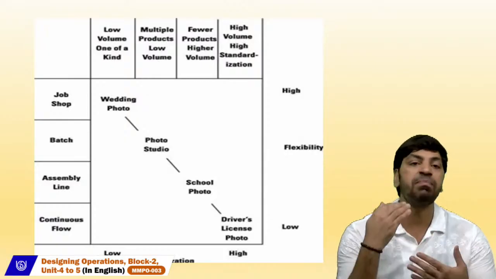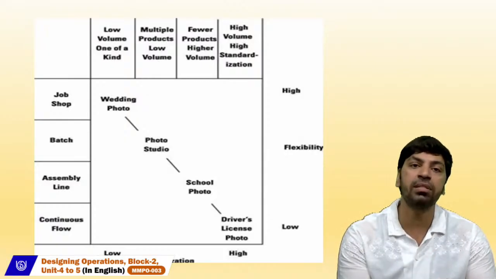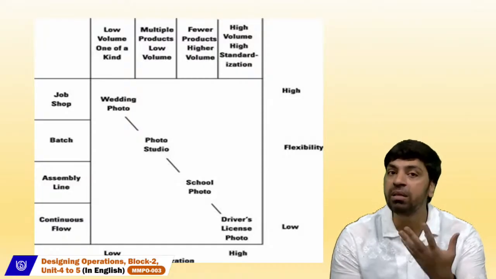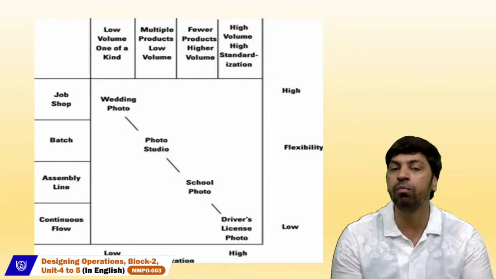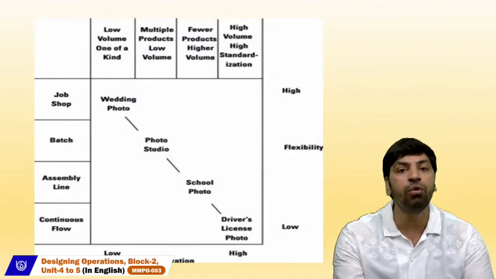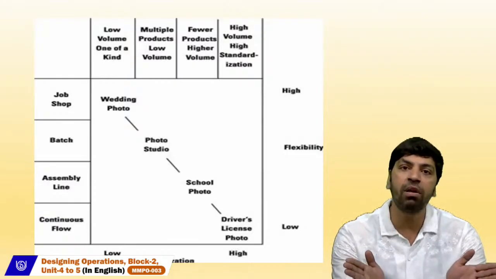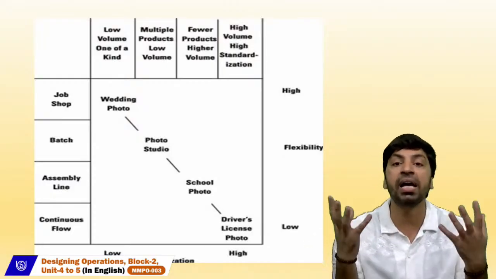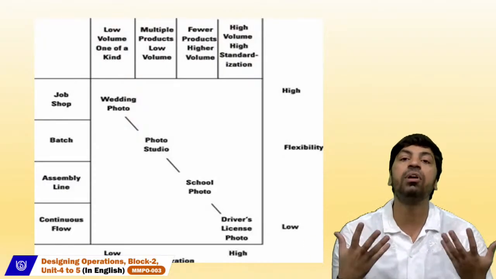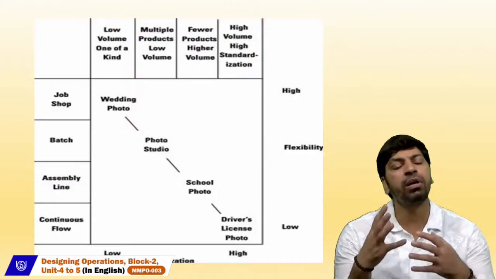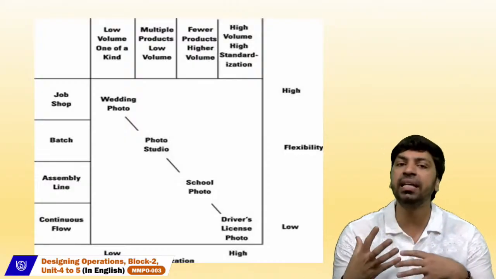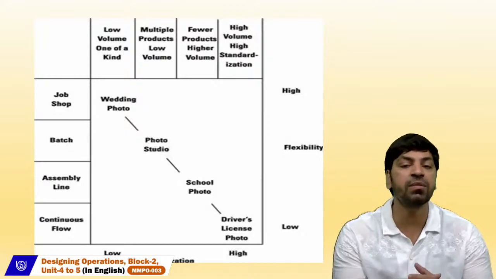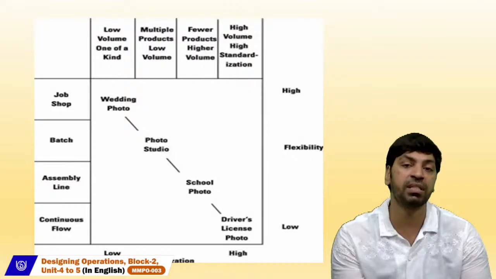It totally depends upon the type of process, whether it is one-time use, multiple products with low volume, a few products with moderate volume, or one standardized product with high volume, that is, high production volume. Then accordingly we can easily find out whether it is a low, moderate or high specification.